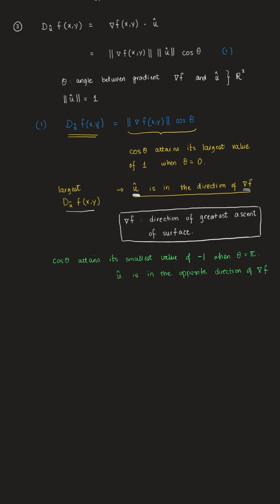So that means that if we find the slope of the tangent line in the opposite direction of the gradient, then we're going to have the greatest descent of the surface. And so that means that negative gradient of f, the opposite direction of the gradient, gives us the direction of greatest descent for the surface.